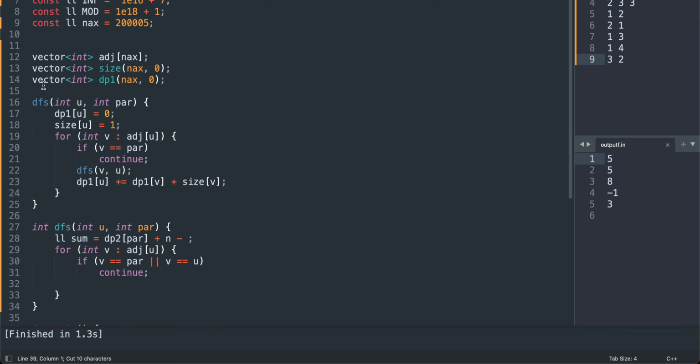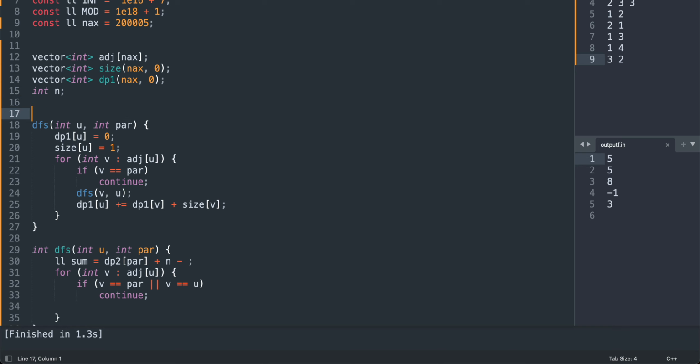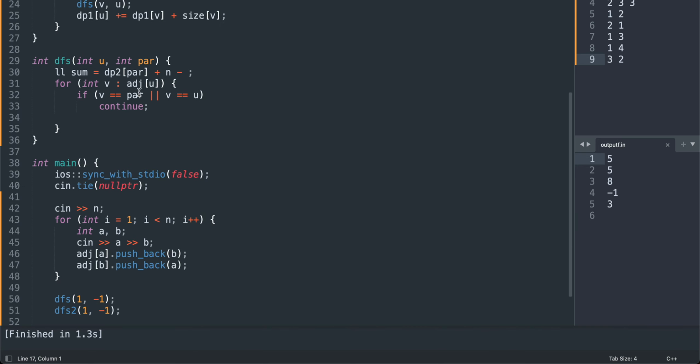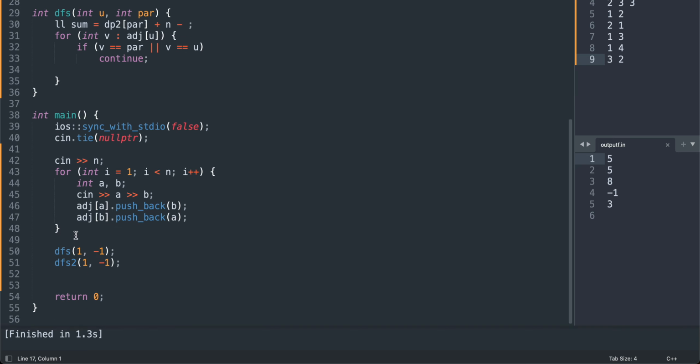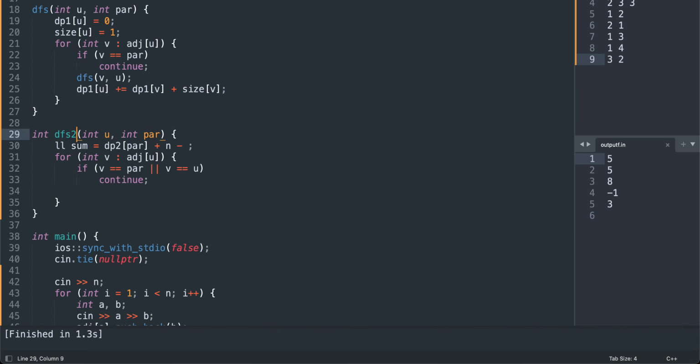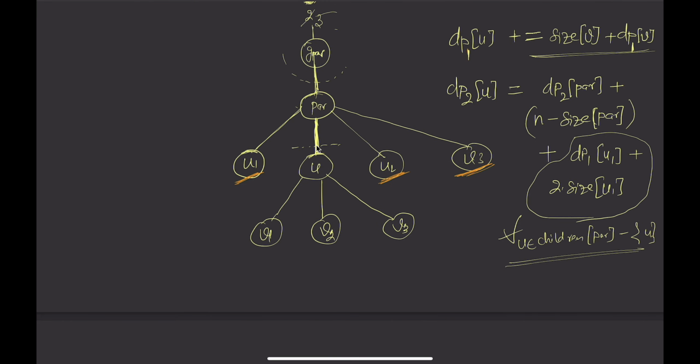Let's write n here. dp2 is u and parent. What is the sum? Sum is nothing but the... how to write this one? Let's think.